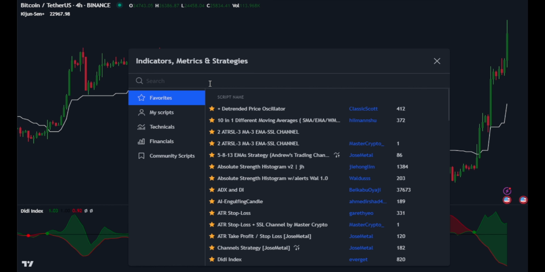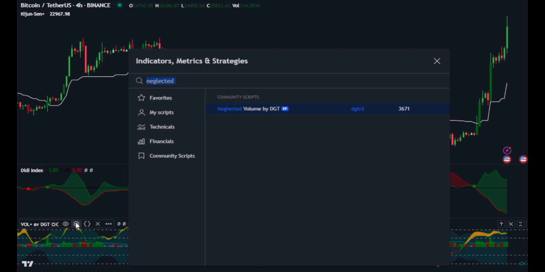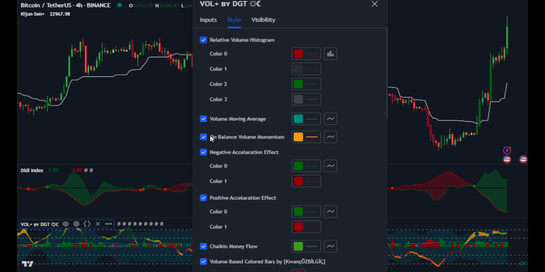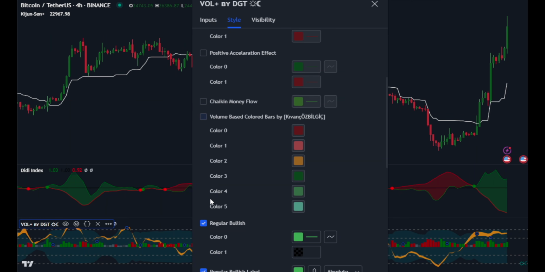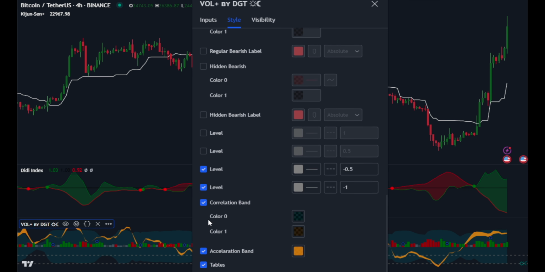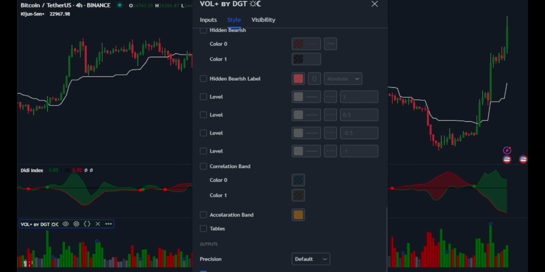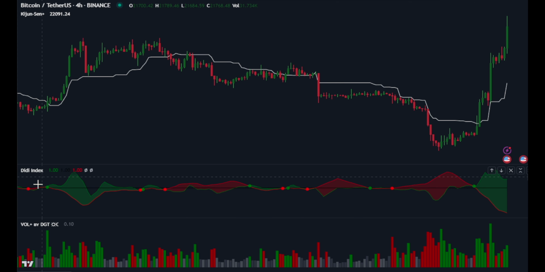And we are also going to add to our chart the indicator Neglected Volume by DGT. In the style section, we uncheck everything except the relative volume histogram. And we are also going to modify our DD Index indicator.